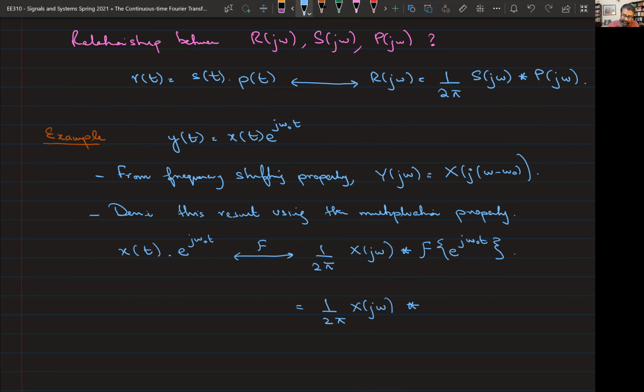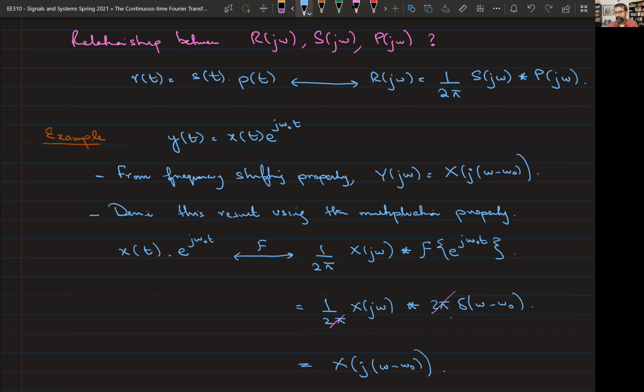This is equal to 1 upon 2 pi, X of j omega convolved with 2 pi delta of omega minus omega naught. Sorry, there's a 2 pi here. So this 2 pi cancels with this 2 pi because of linearity of the convolution operation, and X of j omega convolved with delta omega minus omega naught is just equal to X of j omega minus omega naught.